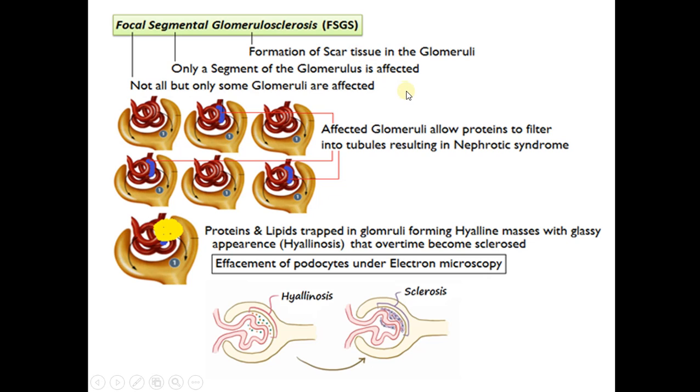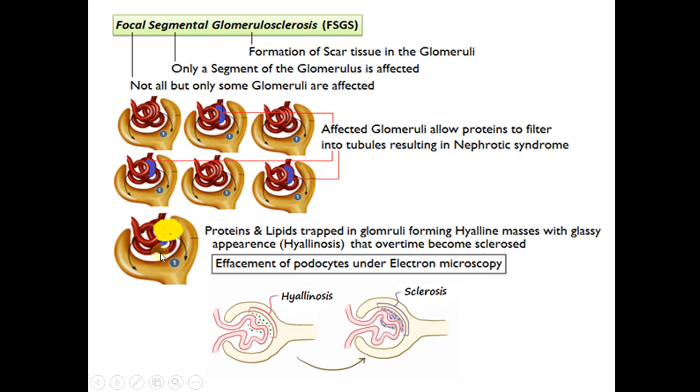So what happens in FSGS is that the affected glomeruli allow proteins to filter into the tubules, and the patient will present with nephrotic syndrome. But in addition to the proteins and lipids filtered that pass in the urine, there is accumulation of the filtered proteins and lipids. In other words, they are trapped here in the glomerular space.